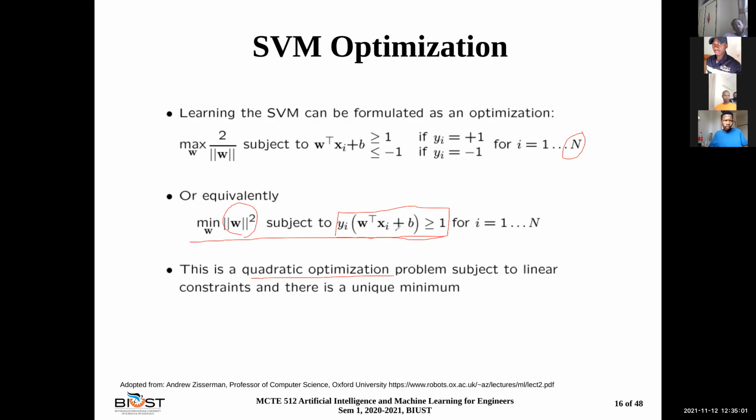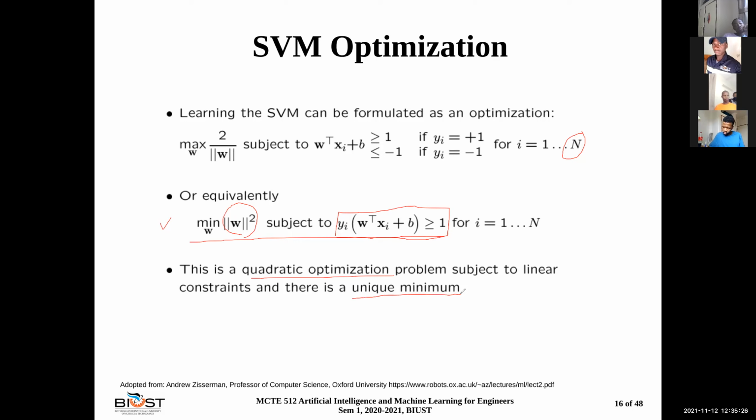Even if you multiply by yi here, that's still a linear equation. That's why this optimization problem has a unique minimum, and so it will definitely converge to a W, where that W will give the maximum margin.